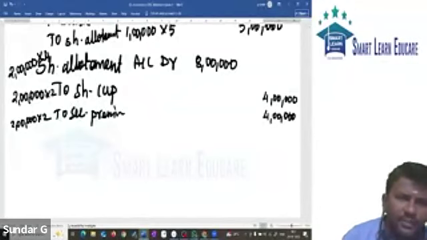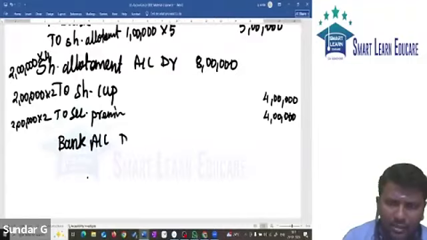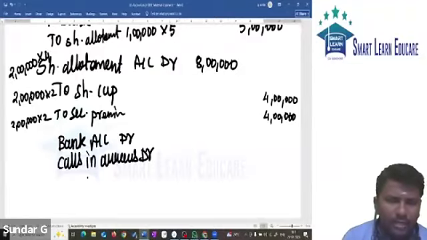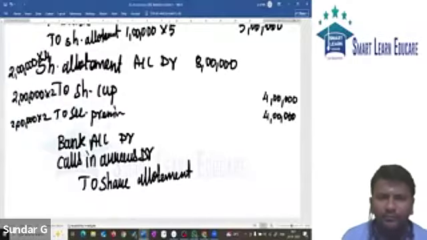Next, receipt entry. What is the receipt entry? Bank account debit, calls in arrears account debit to share allotment.